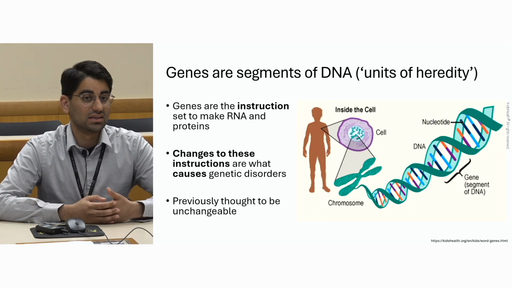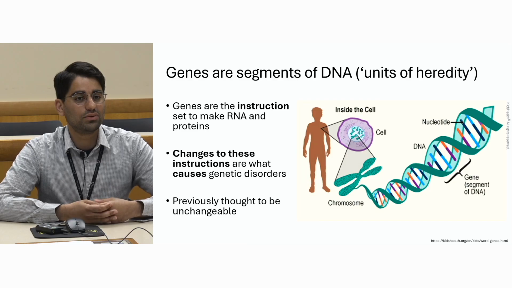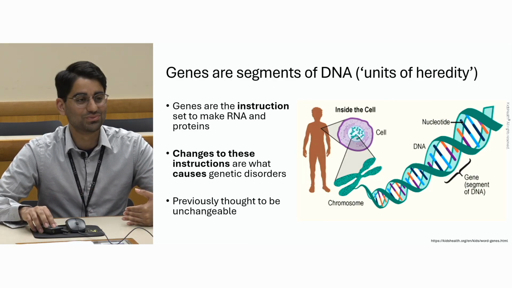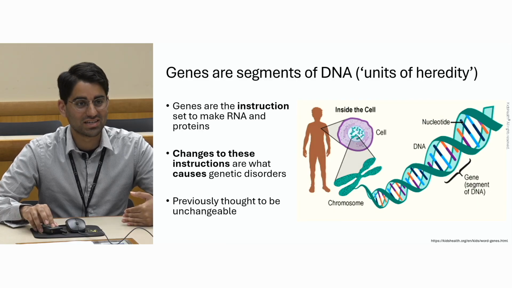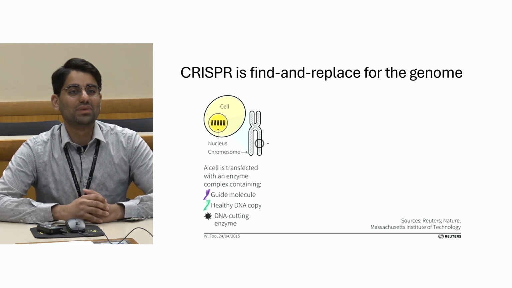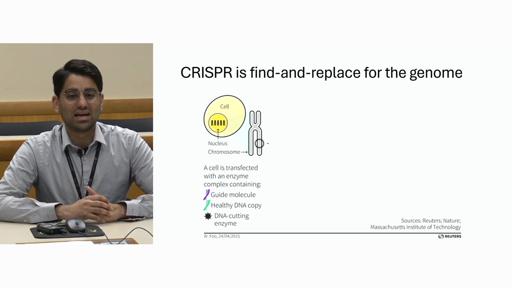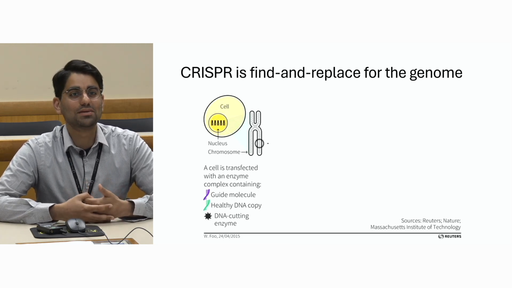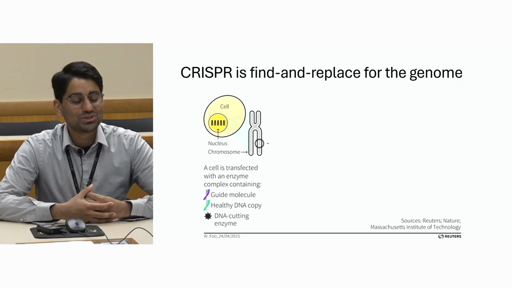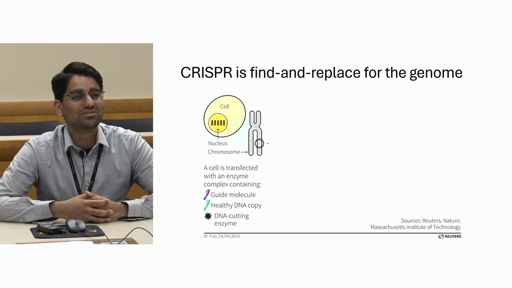Previously, we used to think that DNA was unchangeable. What you were born with was your destiny. But that's not true whatsoever, and much of our research has focused on showing that. What you may have heard about in terms of DNA and gene editing in humans is a concept called CRISPR, Clustered Regularly Interspaced Short Palindromic Repeats, which is a long acronym that really just means it's a find and replace for the genome.